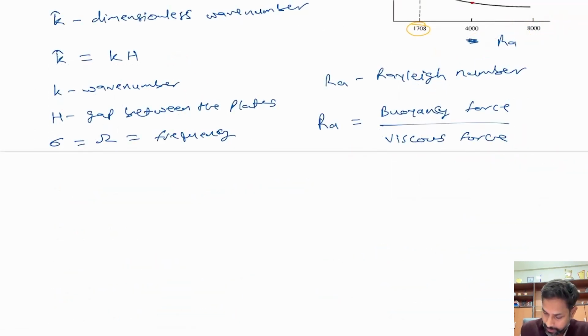So here the Rayleigh number is defined as gamma g delta T H cubed over alpha nu.